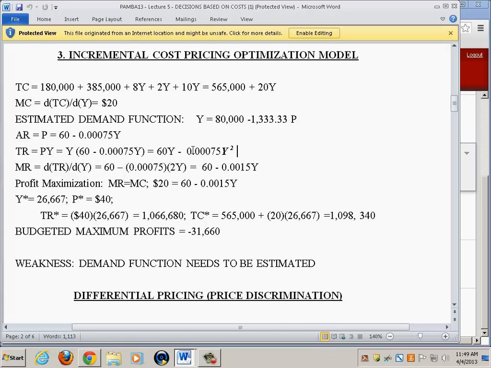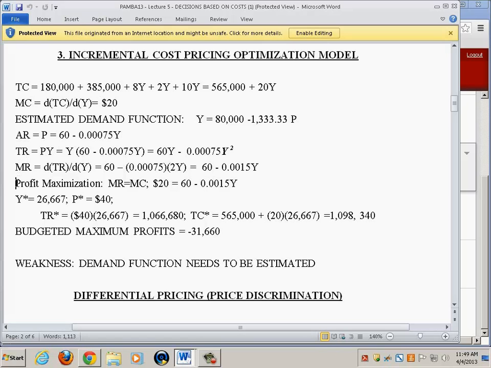And first derivative of 0.0075y squared with respect to y, y squared becomes 2y by the rules of differentiation. So it's 0.0075 times 2y. So that's 60 minus 0.0015y.